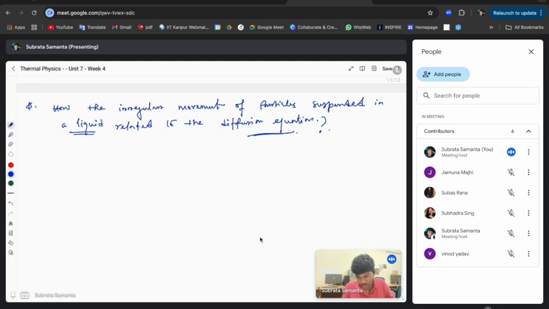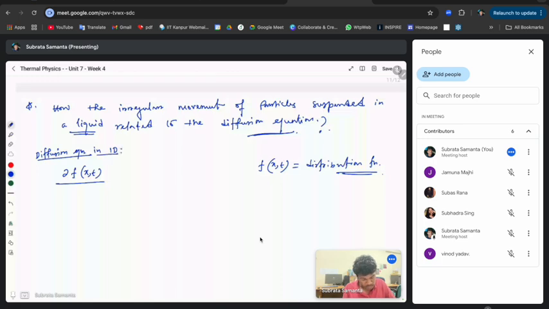So let's first write down the diffusion equation. It is a function f(x,t) of position and time, where x is position and t is time, and f(x,t) is the distribution function. This is the diffusion equation in 1D, because we are considering only x, the 1D position.